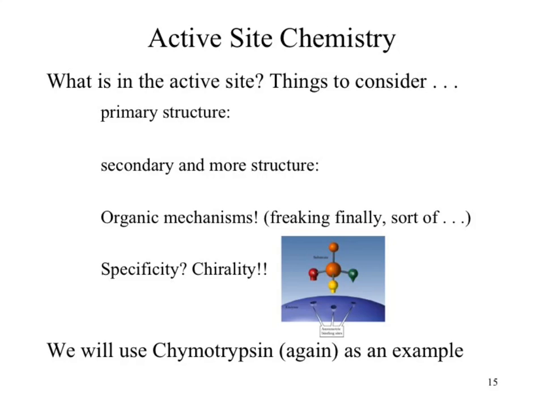Facilitate kicking products out or sucking substrates in. The other thing that we can look at is the actual organic mechanisms. So what's physically happening? What's transferring electrons around within your active site to allow for that enzymatic pathway to occur? And then kind of the last thing that we'll talk about, probably not in a whole lot of detail, will be the actual specificity of your enzymes.